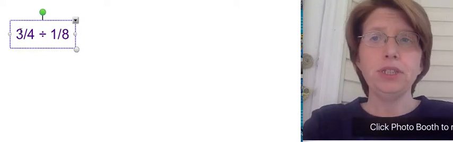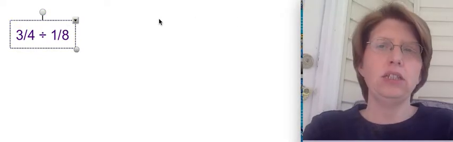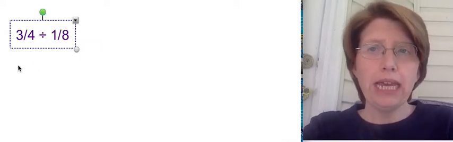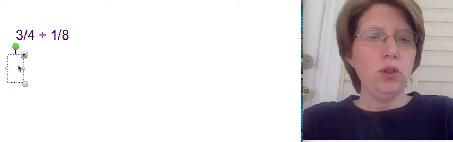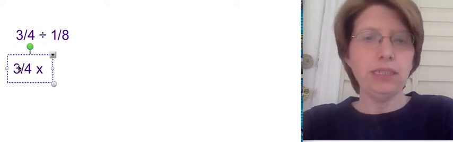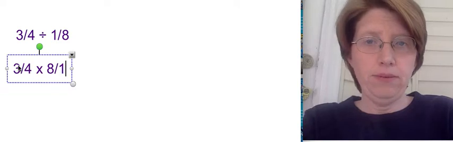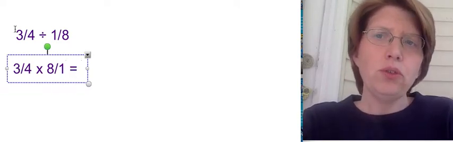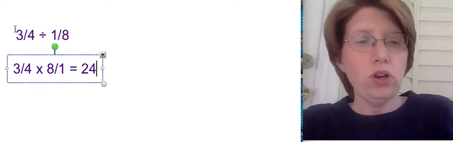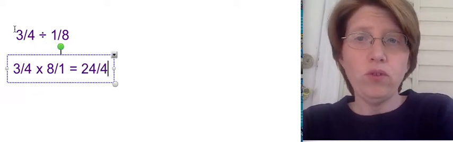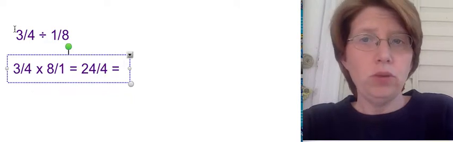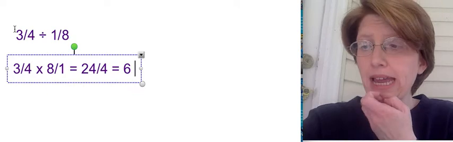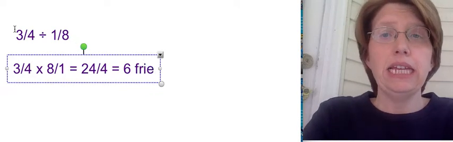So we want to divide 3/4 divided by 1/8. So we change this to 3/4 times 8/1, right? If I multiply the top numbers, 3 times 8 is 24. The denominator would be 4. So she would have how many pieces? 6. Or she would be able to serve how many friends? 6 friends.